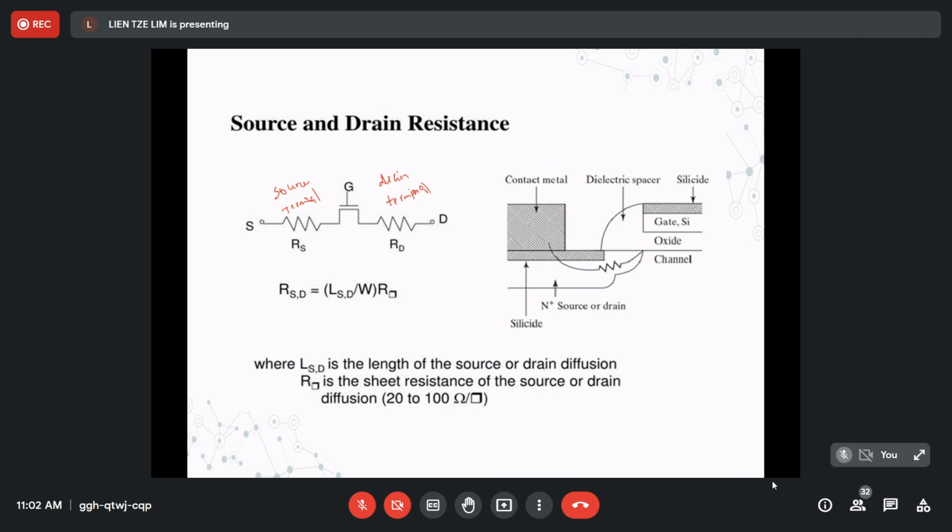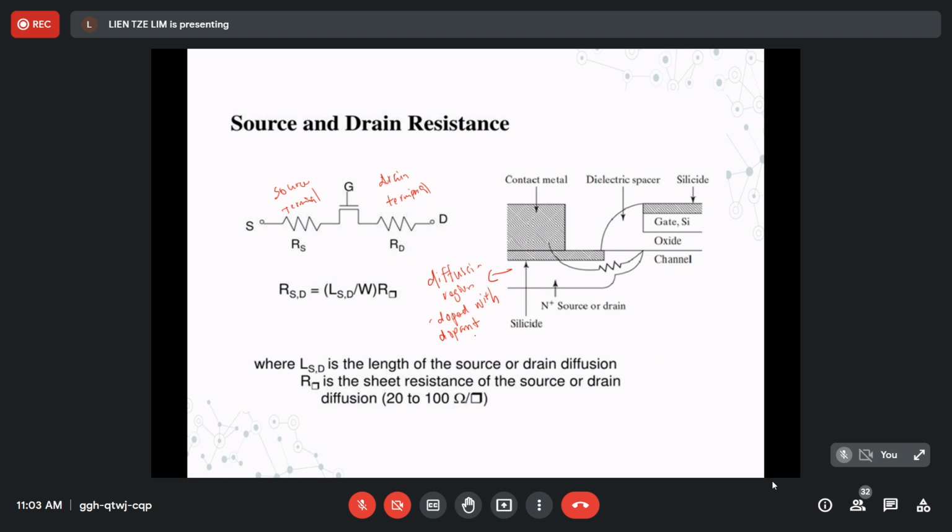You see here, this is another diagram, with a diffusion area, this is the source or drain terminal. If you want to form a diffusion region, we have to dope it with the dopant.